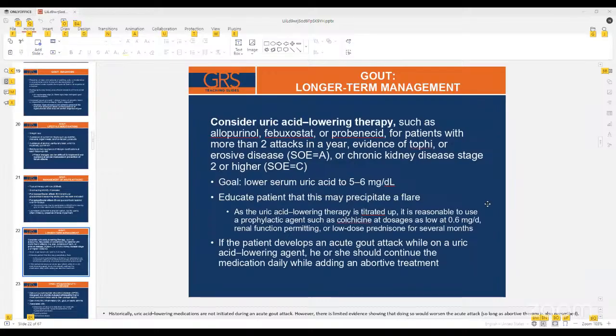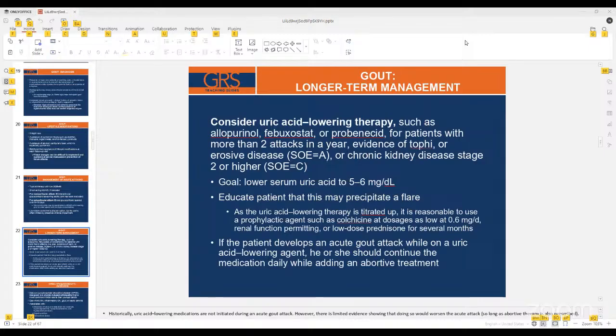So, consider uric acid lowering therapy such as allopurinol, febuxostat, or probenecid for patients with more than 2 attacks in a year. Some references say 1 attack is enough. Also consider it with evidence of tophi, erosive disease, or chronic kidney disease stage 2 or higher. Our goal is to lower the uric acid to 5 to 6 milligrams per deciliter. We should inform the patient that this may precipitate a flare.